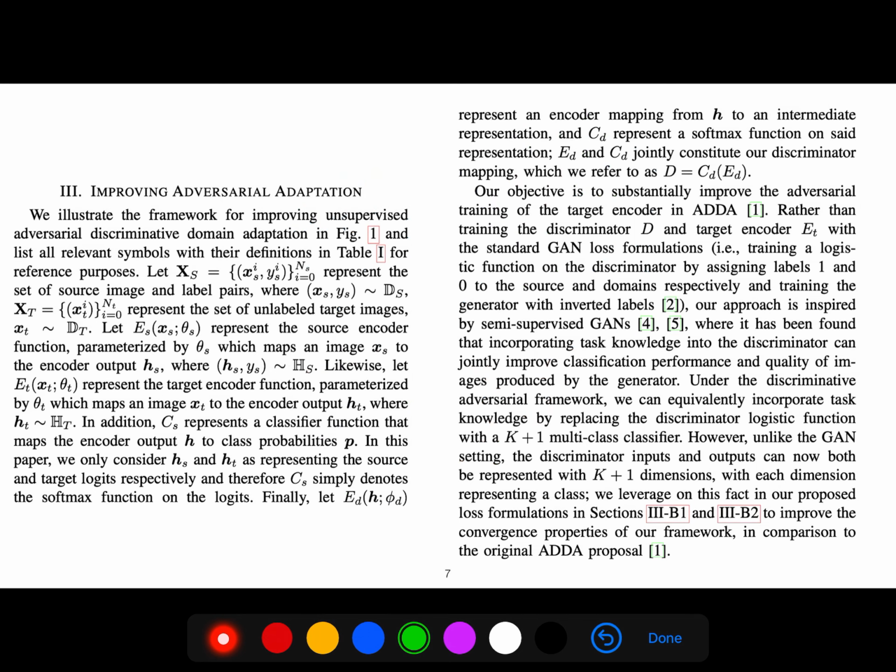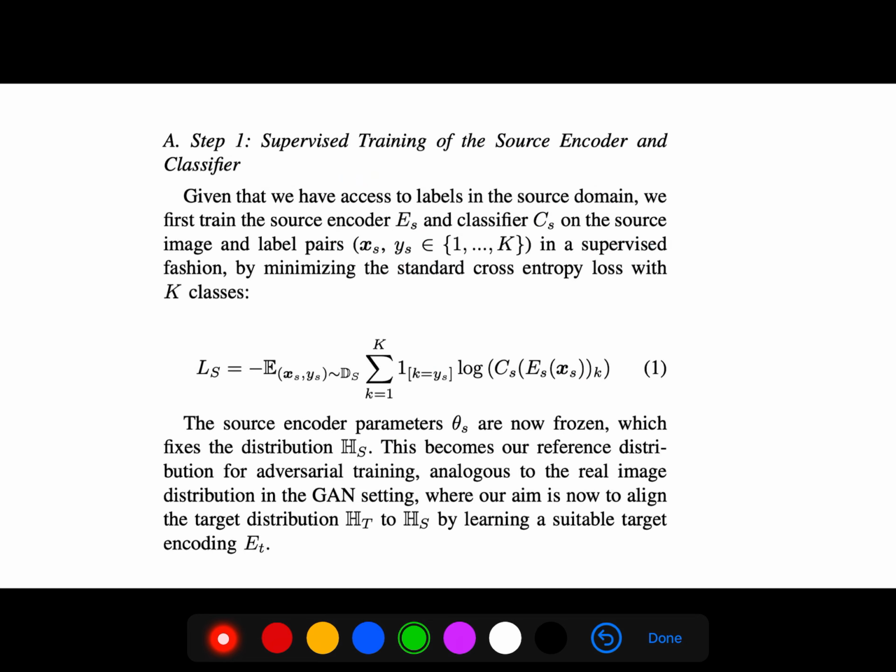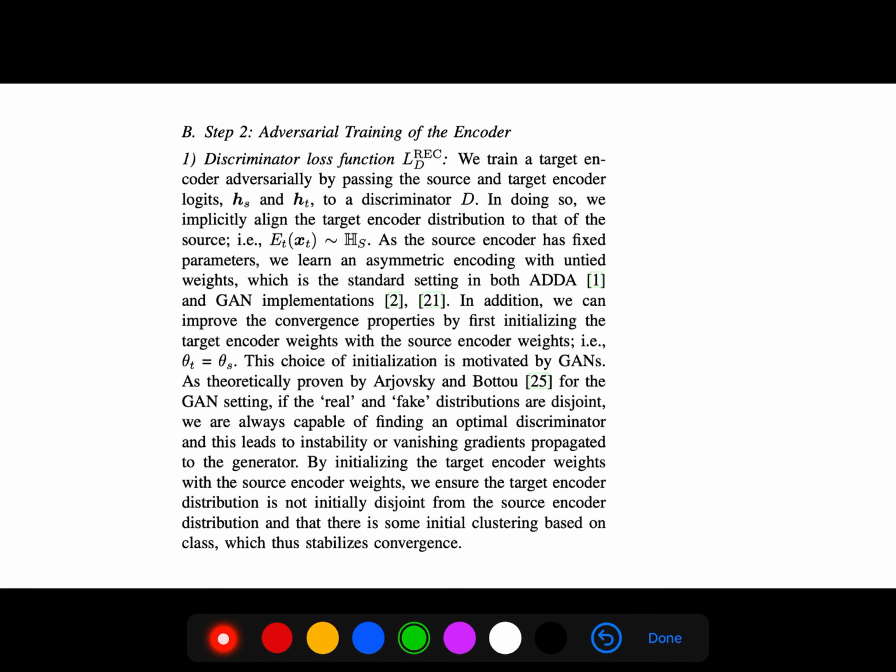Our objective is to substantially improve the adversarial training of the target encoder. And so step 1 that I said, we only train the source classifier and source encoder using source data. So this one is very obvious. The second step is just the discriminative loss function.